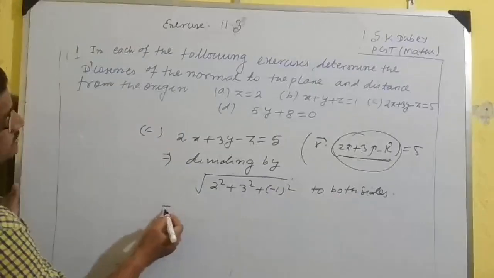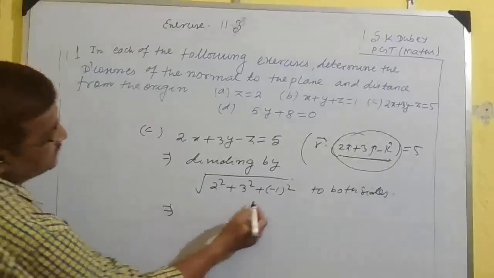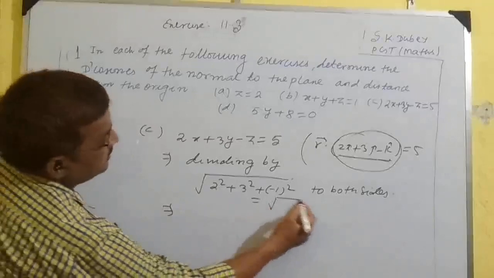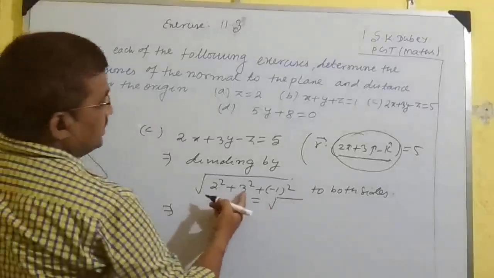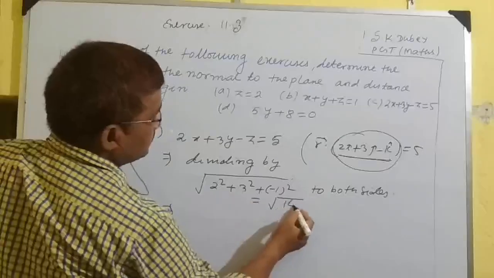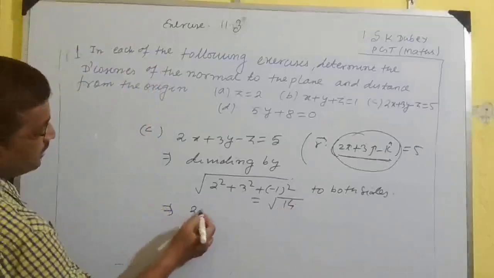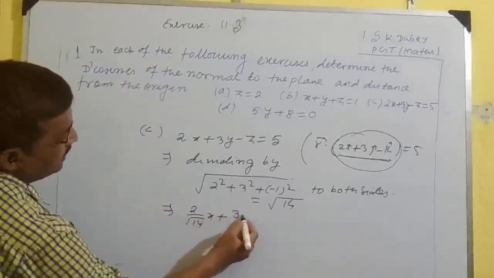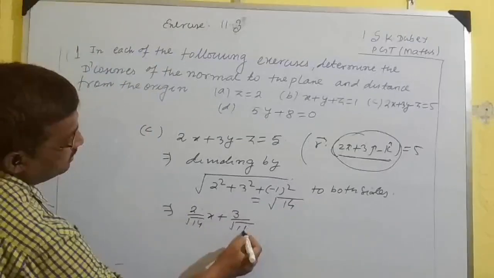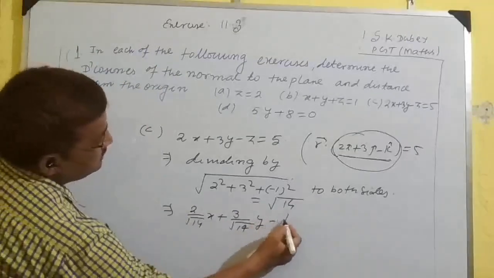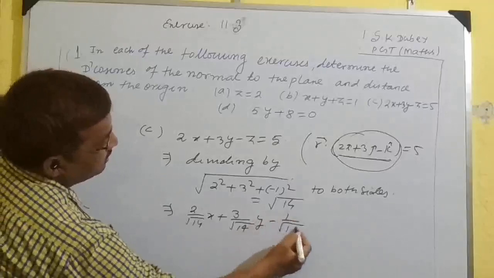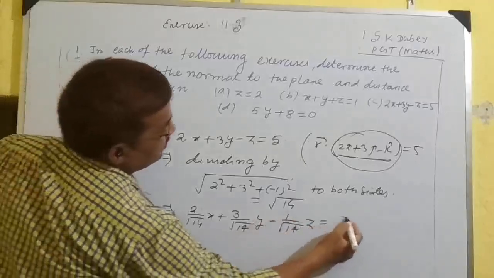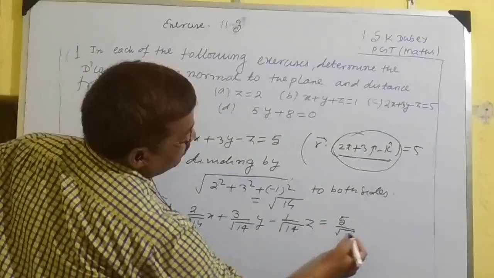We get the value of this is under root 4 plus 9 plus 1, that is 14, 2 by root 14 x plus 3 by root 14 y minus 1 by root 14 z is equal to 5 by root 14.